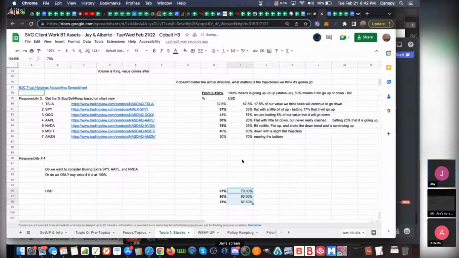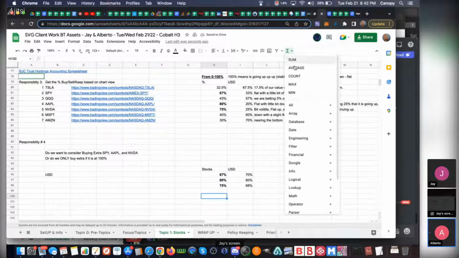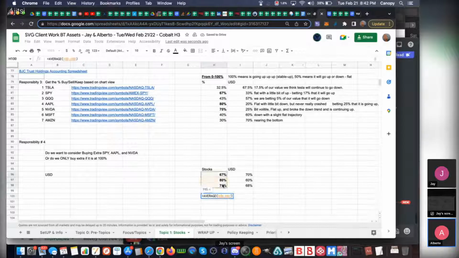You compare those two together. Why do you compare the 60 to the 80? Because you're looking at the relationship between the top stocks versus the top US dollar.